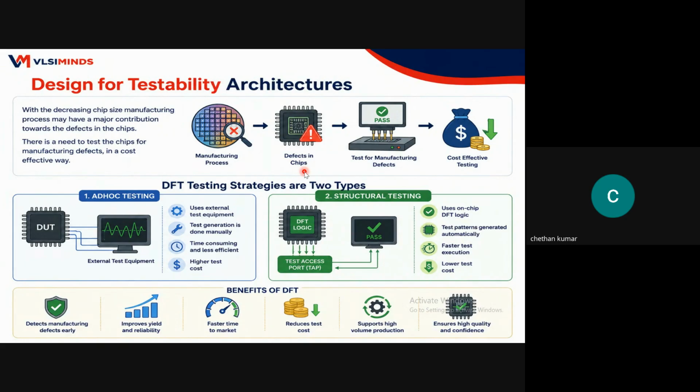Okay. To do this activity, we have two different strategies for making the DFT logic inside our design. One is ad hoc testing and another one is structural testing. As I was telling you, nowadays the chip size is decreasing. We want very tiny chips to be manufactured and pasted onto our products, so that the product becomes slimmer, smaller and more compact.